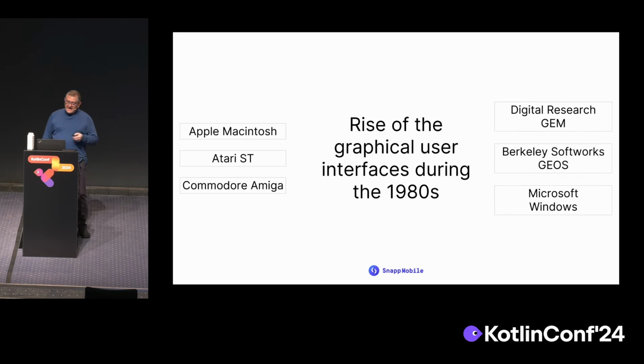If you already had a computer by then, you could also buy a software package that provided a graphical user interface. The obvious one being Microsoft Windows, then 2 pretty, well, not too well-known ones, GeoS for the Commodore 64, and Digital Research GEM, which, like I said, was also available on the Atari.